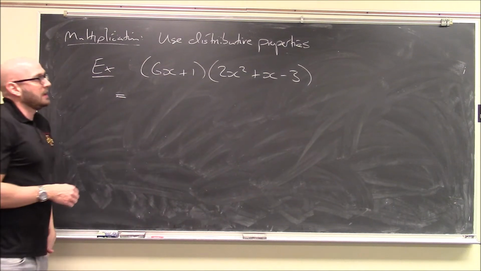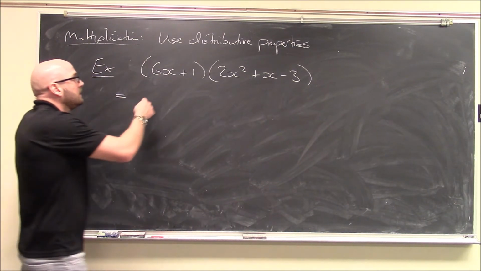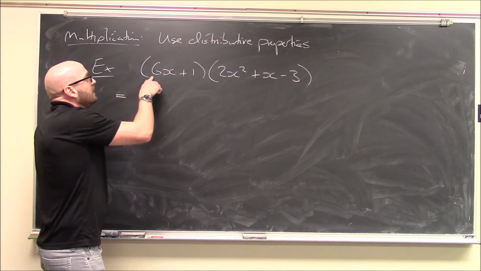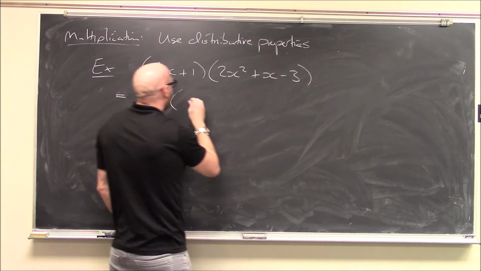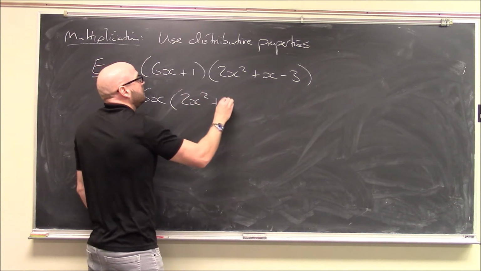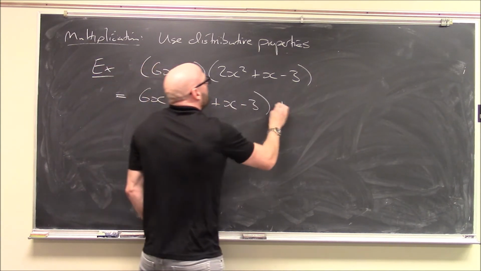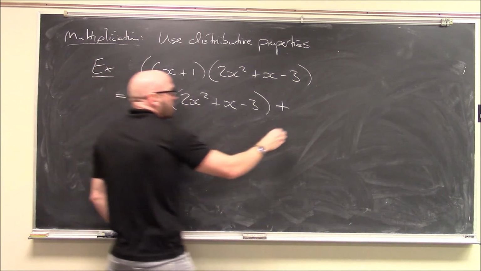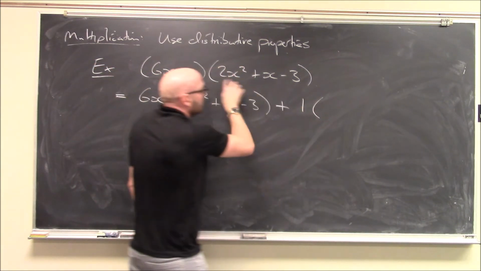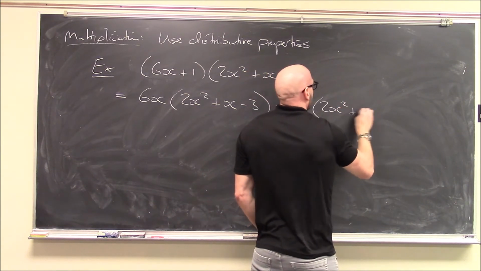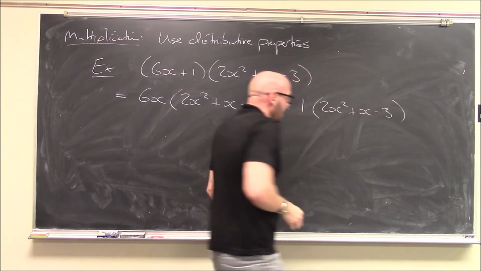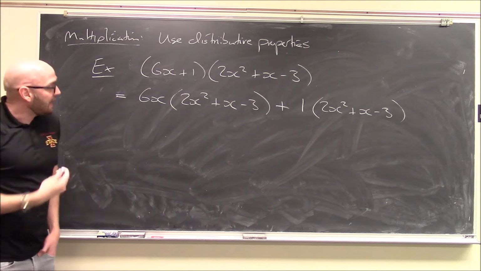The way you multiply polynomials together in general is you distribute. So what this really means is the first term, 6x, times this entire polynomial, plus the second term, which is just 1 in this case, times the entire polynomial. And now I distribute again.